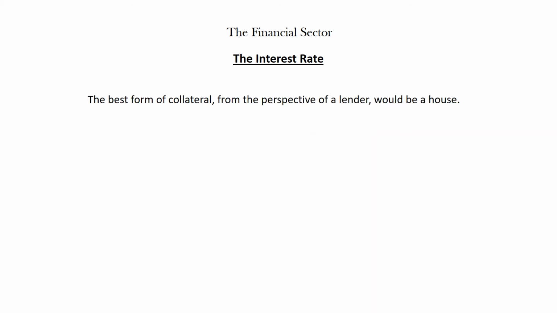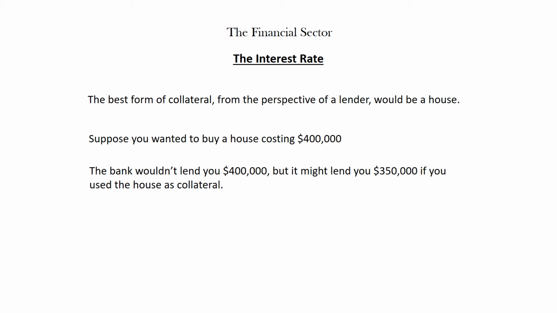The best form of collateral, from the perspective of the lender, would be a house. That's because the value of a house will tend to rise over time. Suppose you wanted to buy a house costing, let's say, $400,000. The bank wouldn't lend you $400,000 to buy this house, but it might lend you $350,000 if you use the house as collateral.